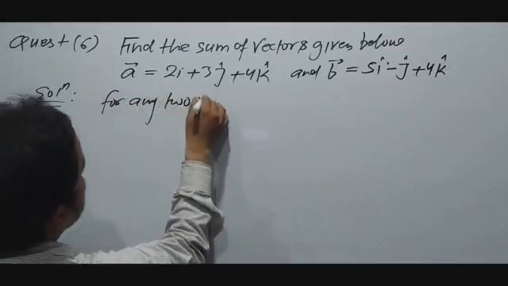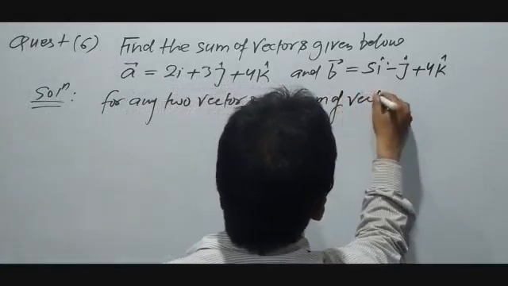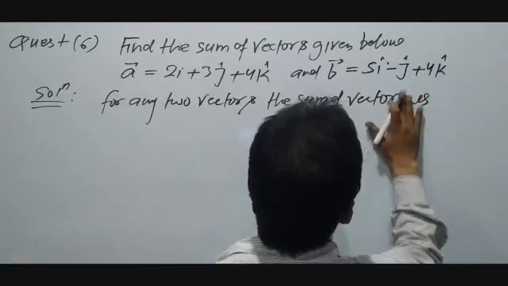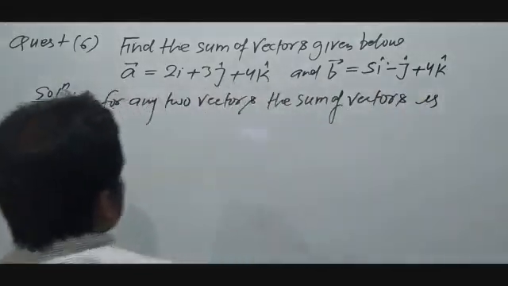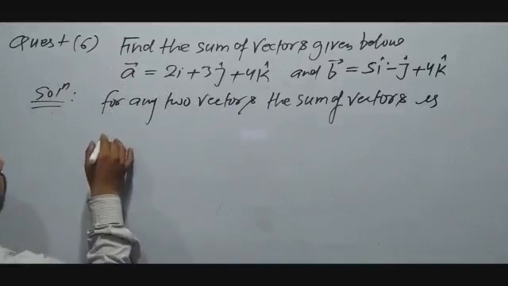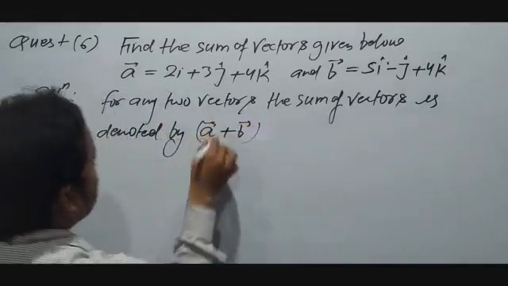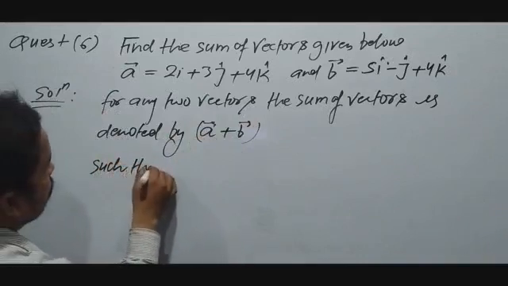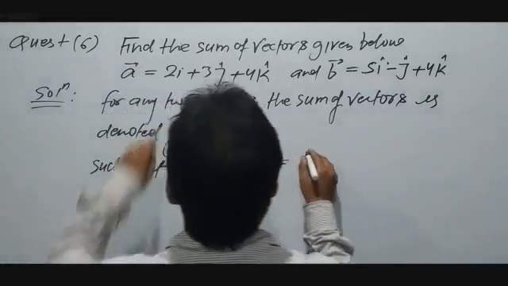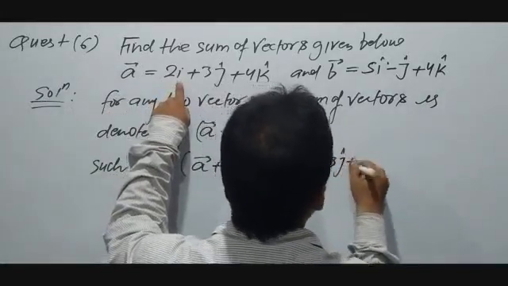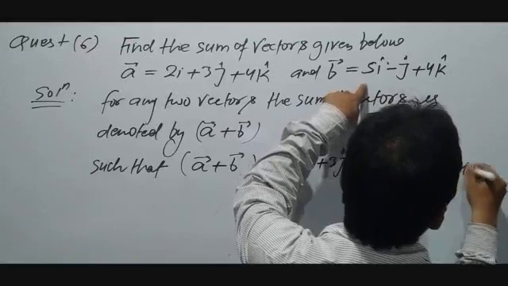For any two vectors, the sum of vectors is denoted by vector A plus vector B, such that vector A plus vector B is equal to 2i plus 3j plus 4k plus 5i minus j plus 4k.